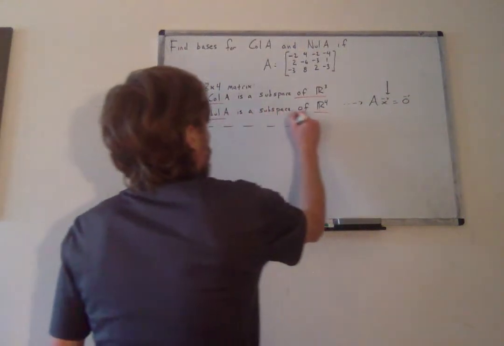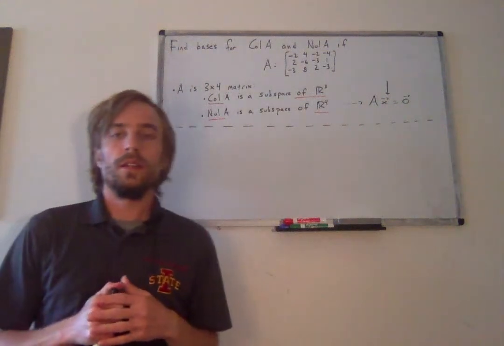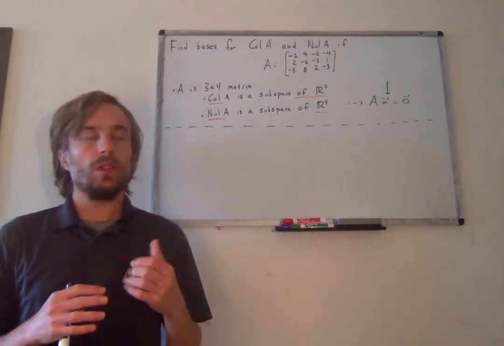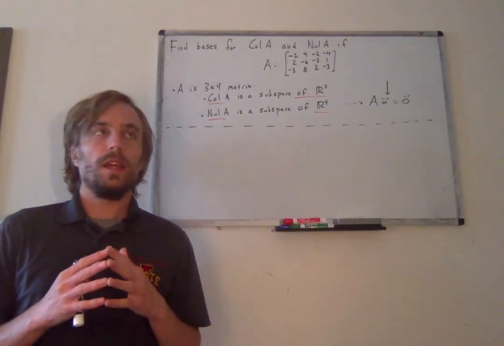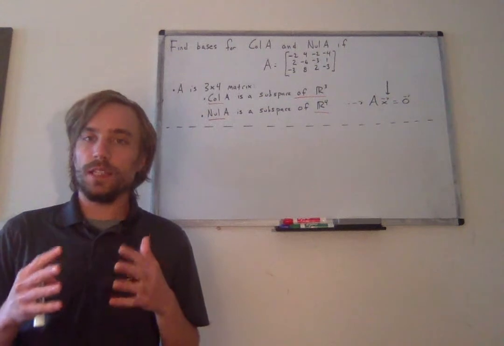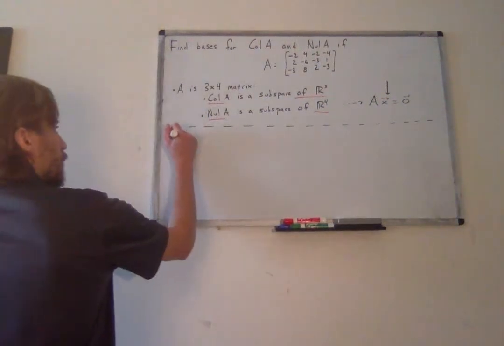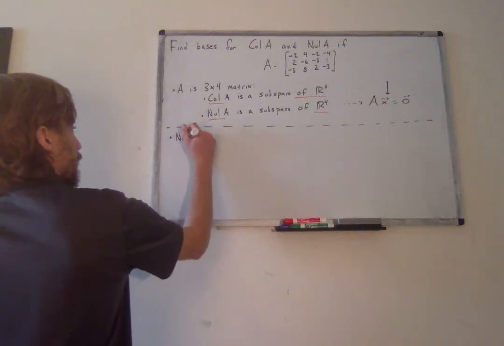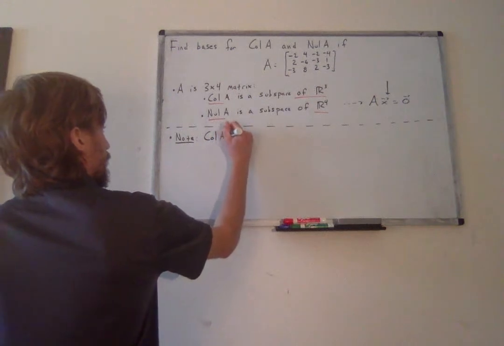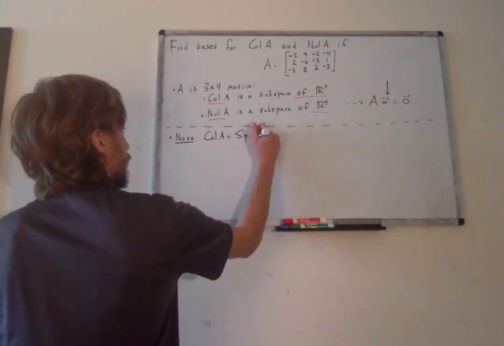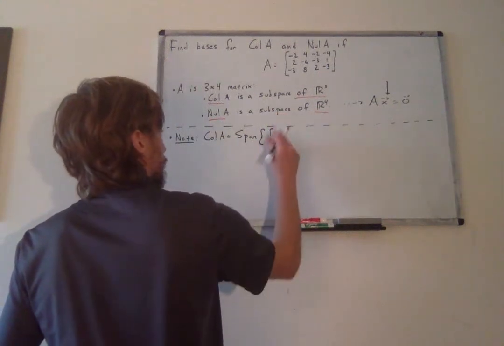So if you remember from last video, the last example we ended with was being given a set of 4 vectors in R3 and being asked to find a basis for the set spanned by those vectors. And so notice here, the column space of A is actually just defined to be the span of these 4 vectors.